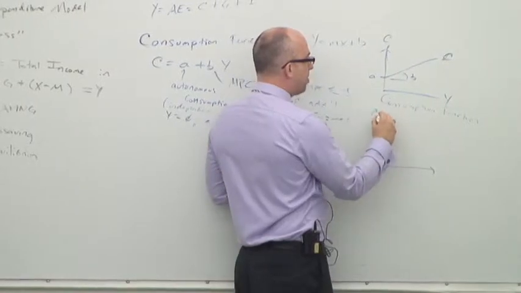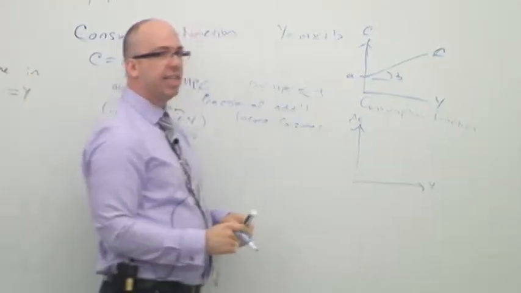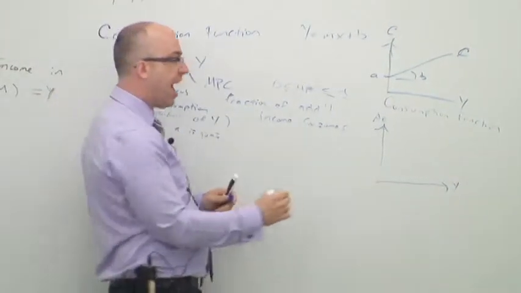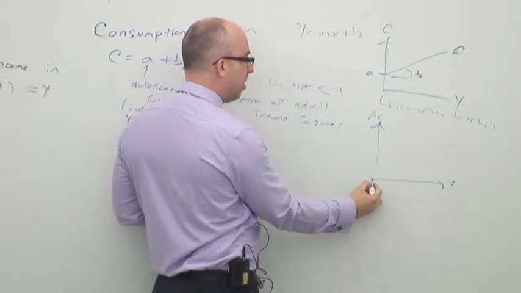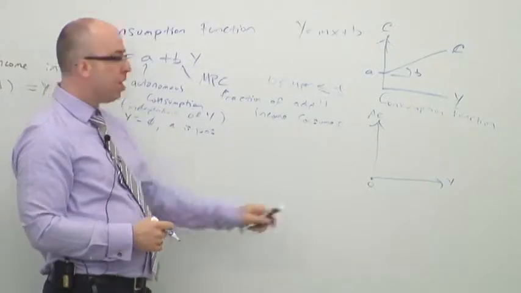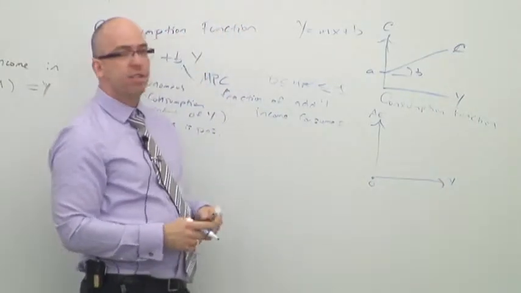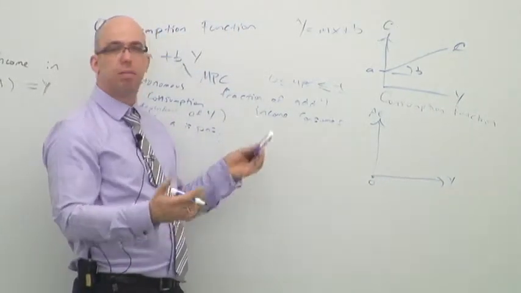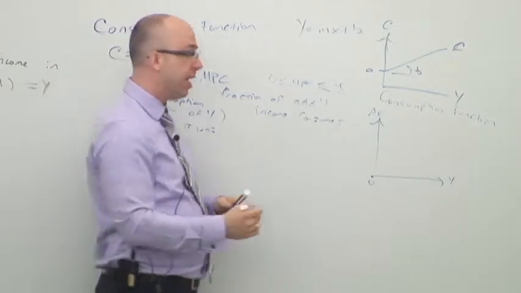What I'd said previously is that you could have a balanced budget. If I earn $0, the only way to keep my budget in balance is to spend zero. So zero income and zero spending means I'm not pulling money out of the bank and I'm not putting money into the bank.